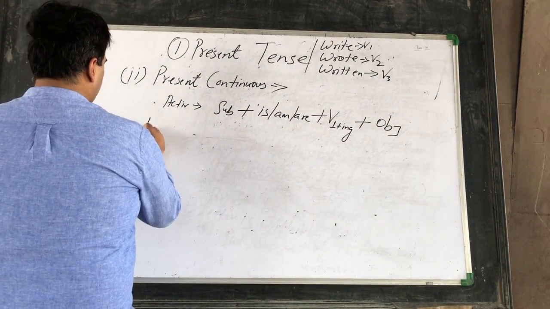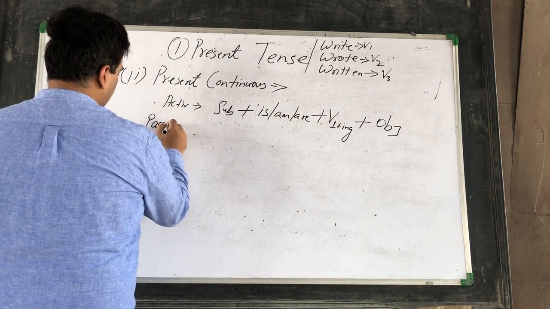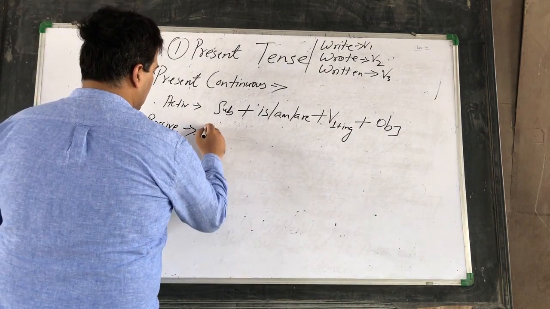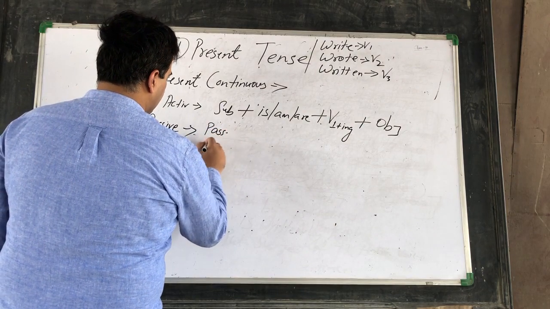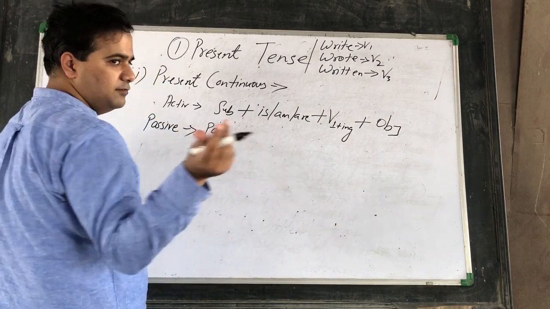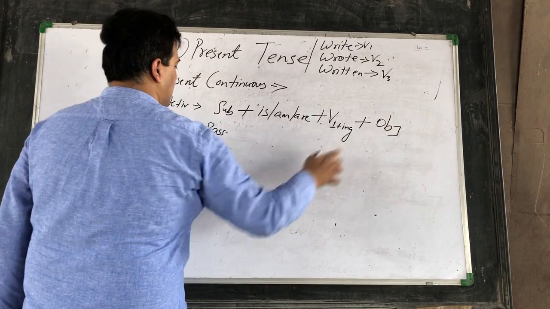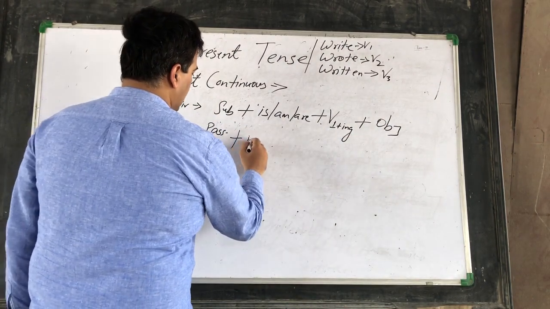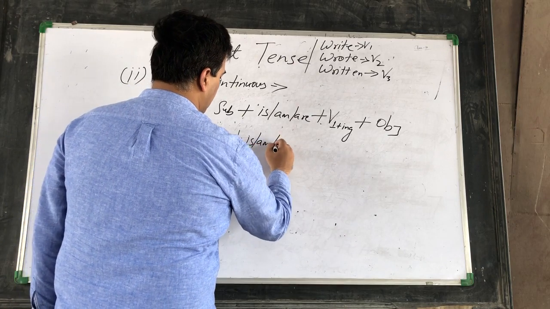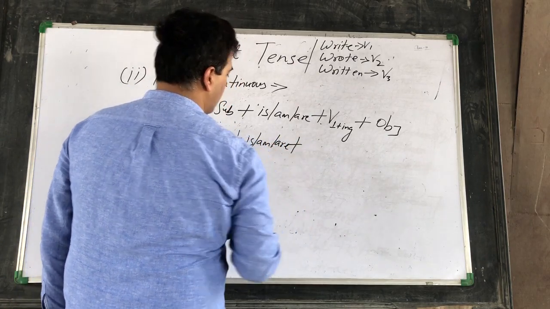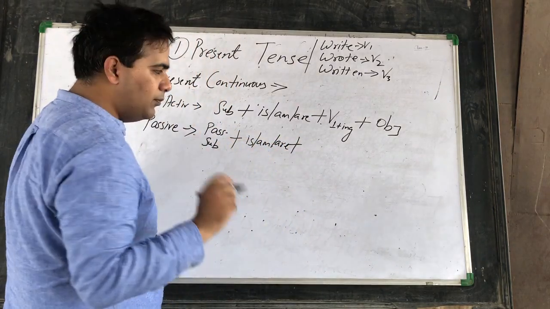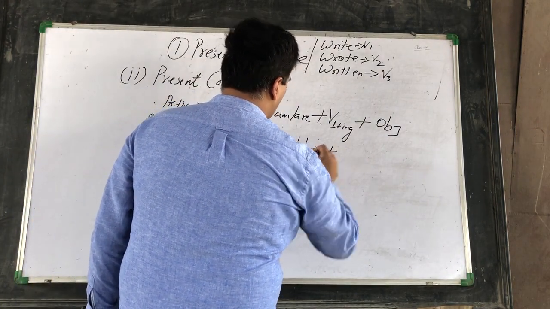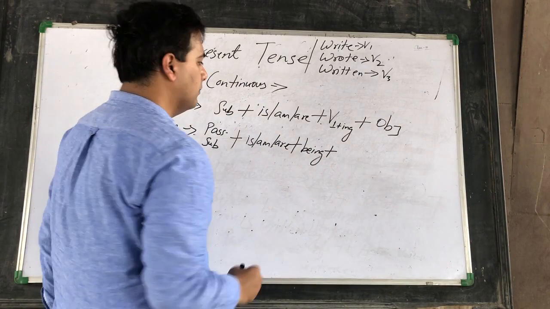Then in passive, what will happen? The passive subject is this object. Passive subject, then is, am, are, then the new helping verb being, and verb third form.